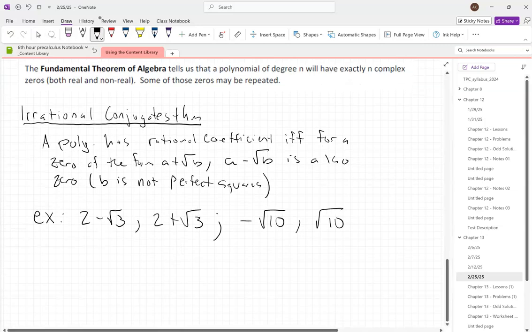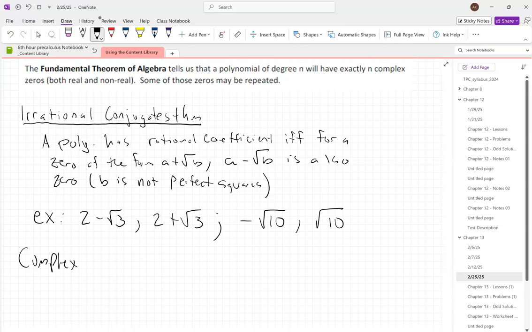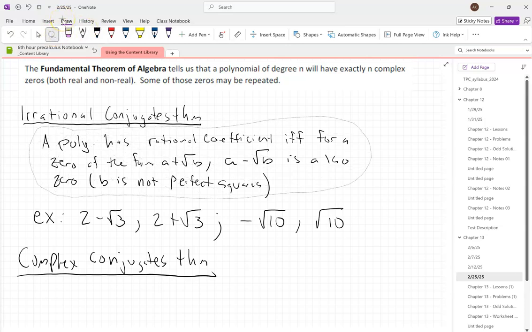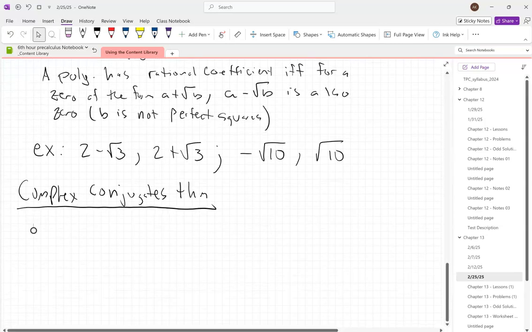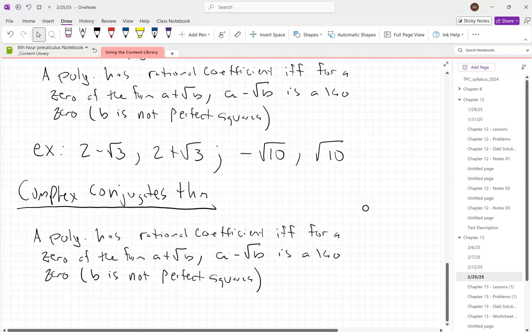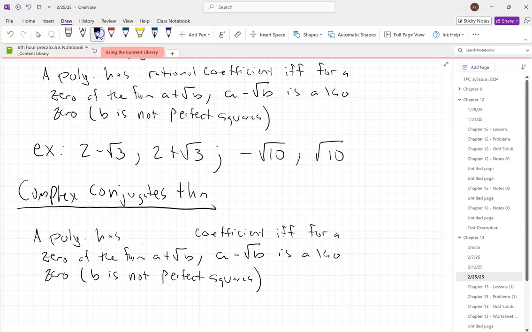And then we can say the same thing about imaginary solutions. So that's called the complex conjugate theorem. Well, it's almost the same thing. So instead of rational coefficients, for the complex conjugate theorem we have real coefficients.